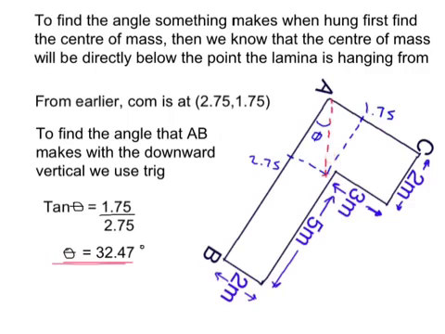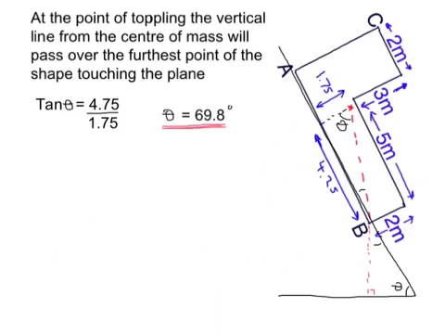We worked this one out earlier in a previous video, and we found that was 2.75, that was 1.75, the coordinates of the centre of mass. So all we do is write it on here. We're trying to find that angle there, so it's arctan. Job done.